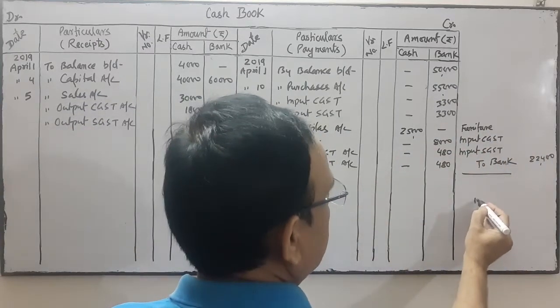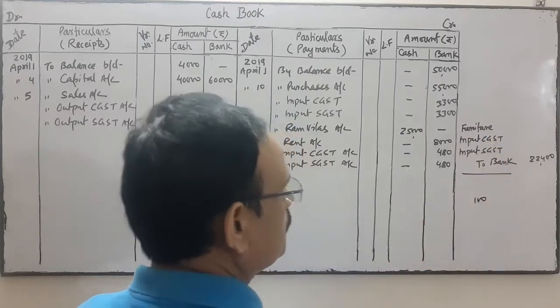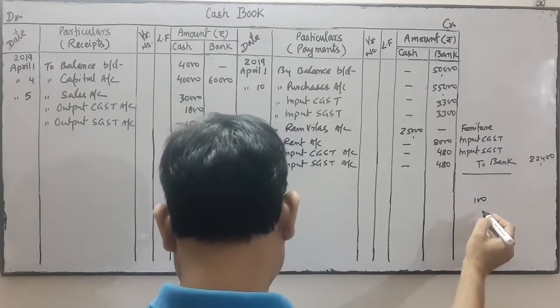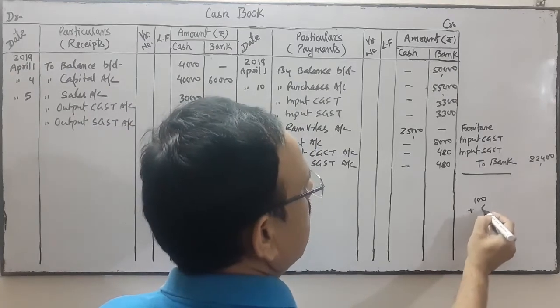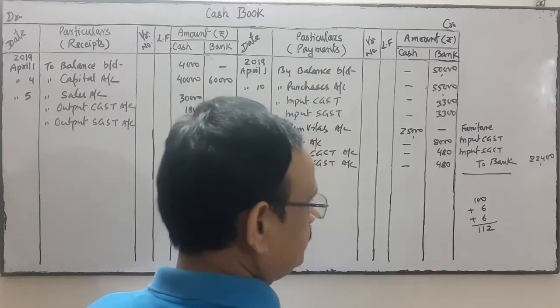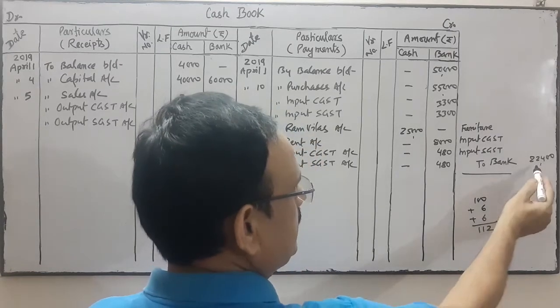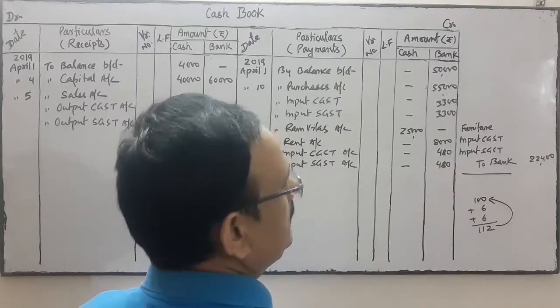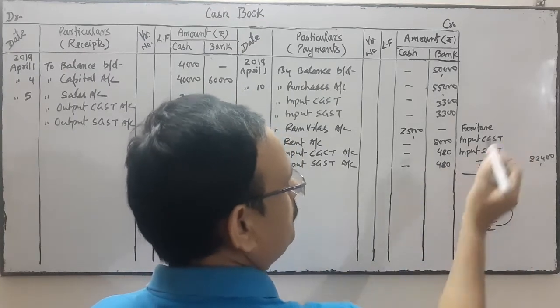For instance, suppose the price of furniture is 100, and CGST and SGST is 6% plus 6%. So it is how much? 112. It means this indicates the 112. So how much will be this? I am going to find out this figure.